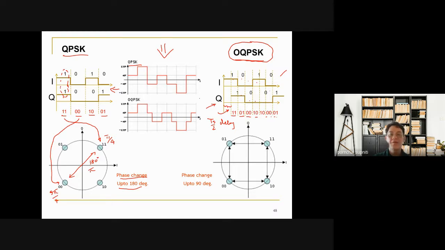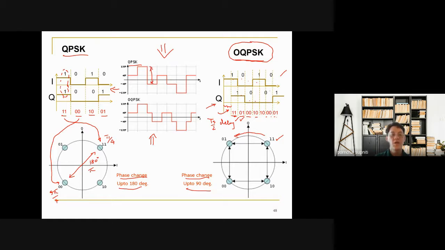But for OQPSK, this is what happens. If you have 1 1, which is what you need to transmit, the next phase, instead of being 0 0, becomes 0 1. So there's no such large phase jump like 180 degrees; the phase jump is reduced to just 90 degrees. The bottom middle panel represents this type of transmitted phases, and you will see that it has incremental changes instead of a big jump like this.